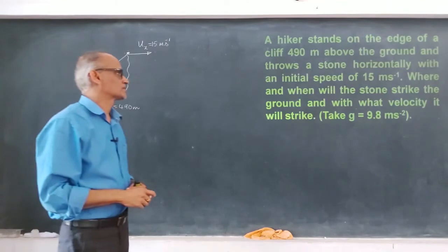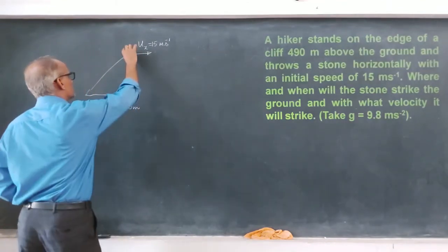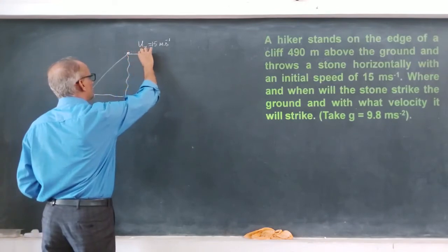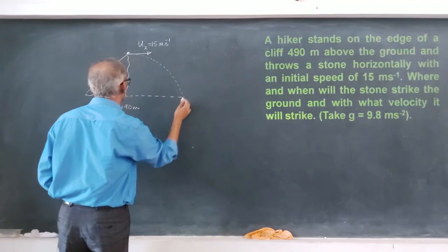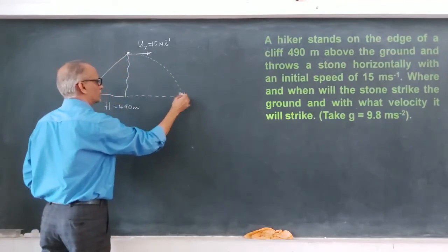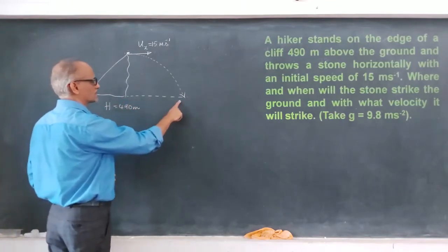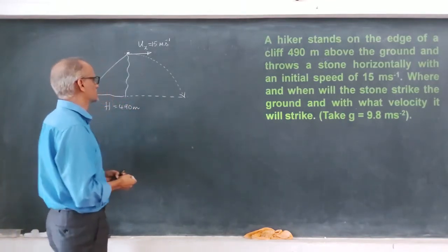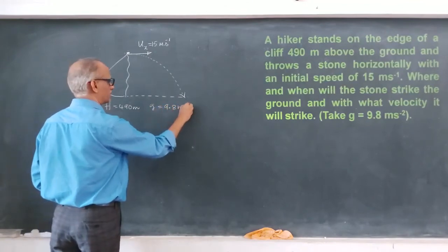Where and when will the stone strike the ground, and with what velocity it will strike? So, it will fall and then it will strike the ground like this. Okay. So, we need to find when and where means at what distance, and after what time, and then we have to find the velocity. The value of g is given, which is 9.8 meter per second square.